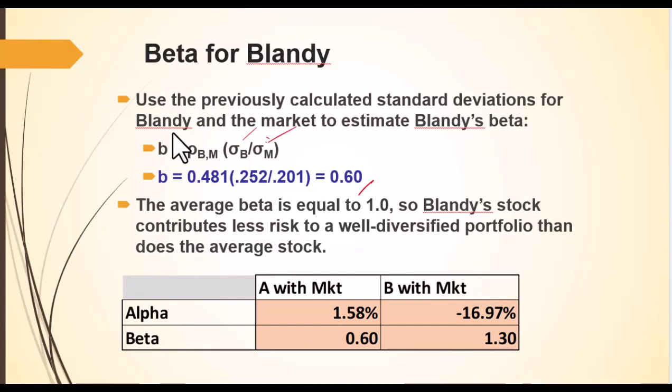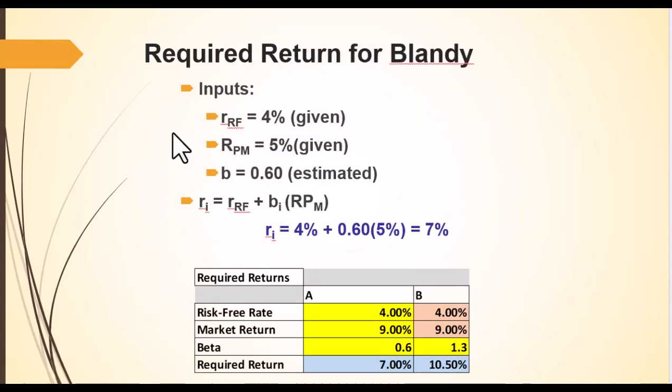In fact, it's only about 60% of the risk of an average stock. Gourmage, on the other hand, has a beta of 1.3, which means it has 30% more risk than the well-diversified portfolio would have. So we would expect that if you bought Blandy, you should earn a lower return than if you bought Gourmage because of the differences in risk.